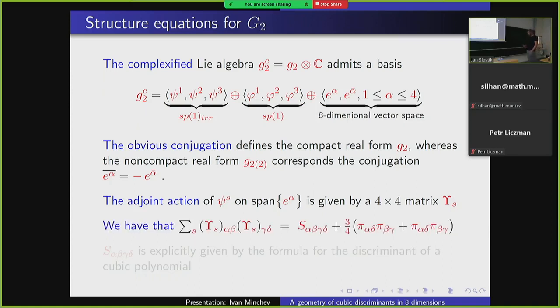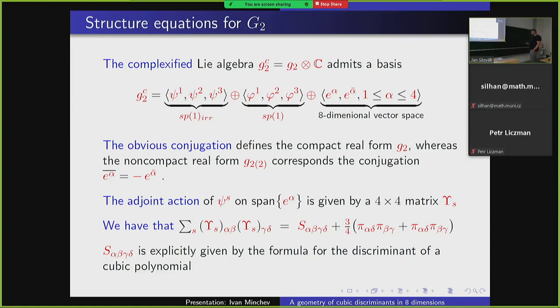Then it turns out that if I multiply each γ_s by itself and sum over s, that will be a tensor which is automatically symmetric in αβ and γδ. The totally symmetric part of this is exactly what is given by the formula for the cubic discriminant. So it appears automatically, and then you get another part which is given by the two-form π, which we always have, because we are speaking about symplectic things.